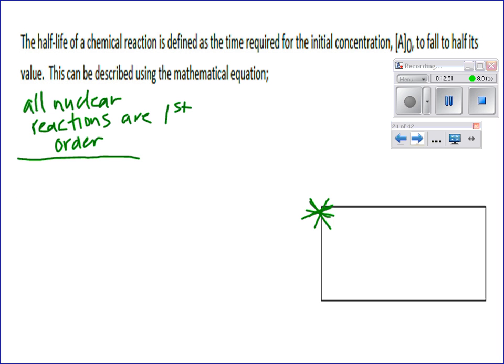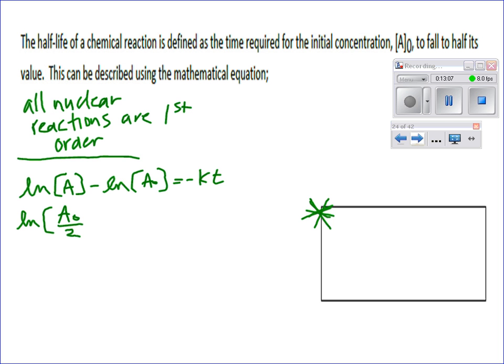So again, our ln of A, our first order integrated rate law, equals negative kt. If I were to make this a half-life, I take ln of A and replace it with what? Half of the original, A naught over 2, minus ln of A naught is equal to negative k, and I put a little half here because that's half-life.